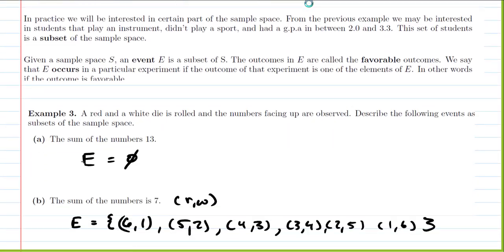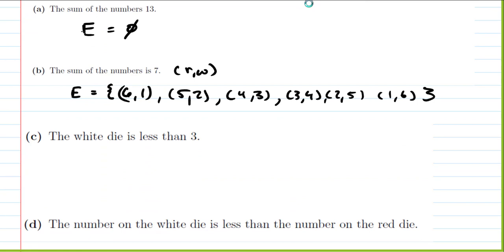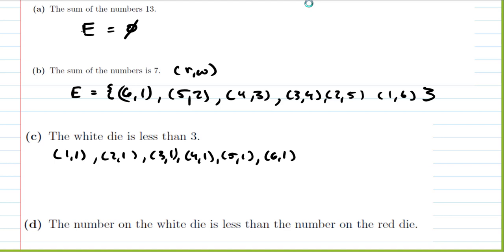So our events would be, if our white die is less than 3, we're going to have (1,1), (2,1), (3,1), (4,1), (5,1), and (6,1), and (1,2), (2,2), (3,2), (4,2), (5,2), and (6,2).